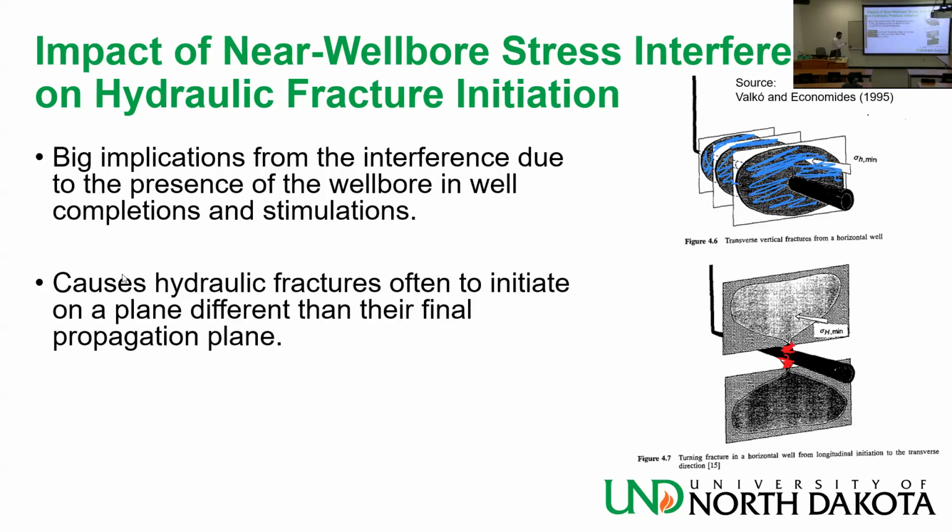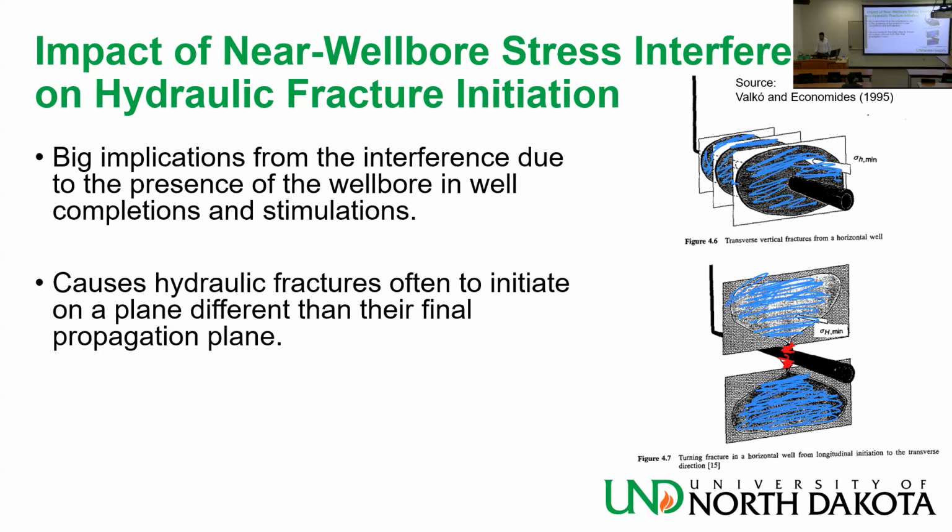As you move away from the wellbore, the presence of the wellbore and its interference on the stress state diminishes, right? And you move back to the in situ stresses. Now you still have SV, SH max, SH min, and the wellbore is drilled correctly, so eventually the fracture twists to become transverse.